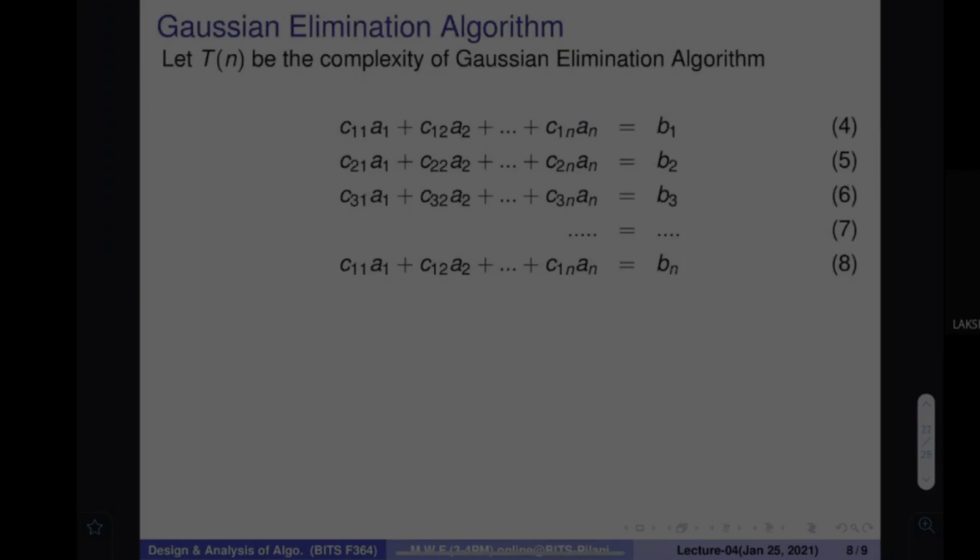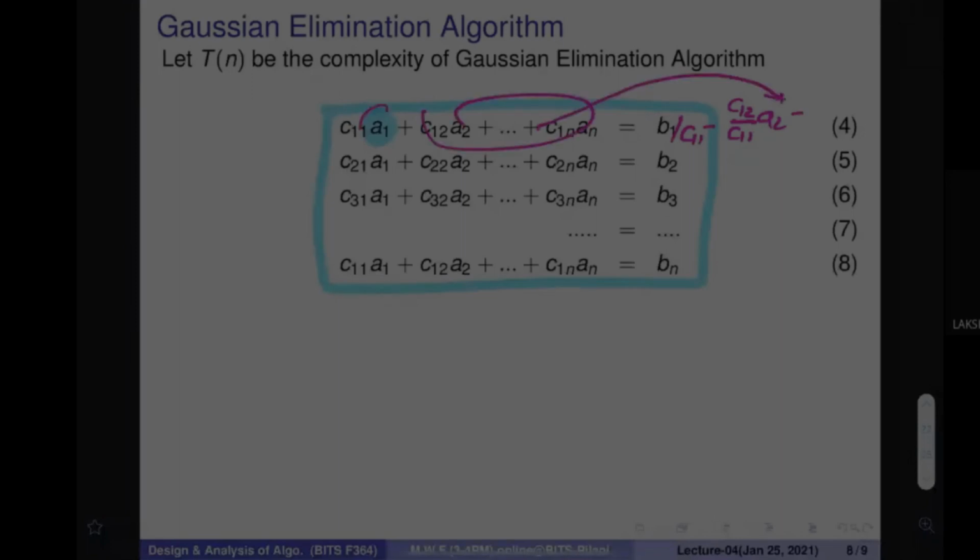What does it say? That you write the expressions, and if you pick this particular expression, you can find out the value of a1. A1 is equal to b1 divided by c11 minus c12 divided by c11 into a2 minus and so on, you can take everything to this particular side. By this you find the value of a1. How much time is needed? Order of n, because there are n terms.